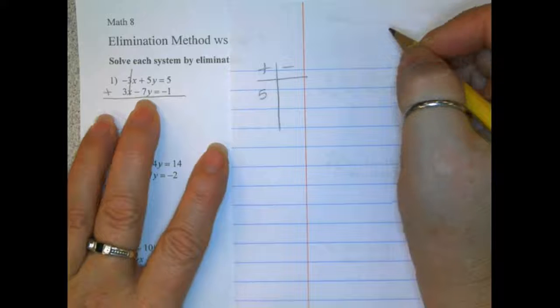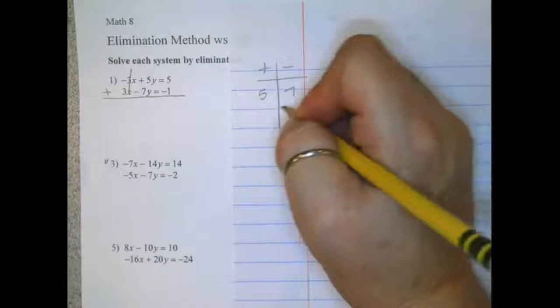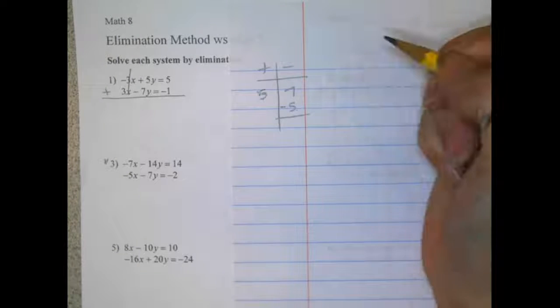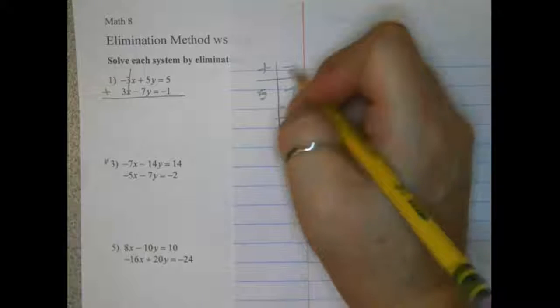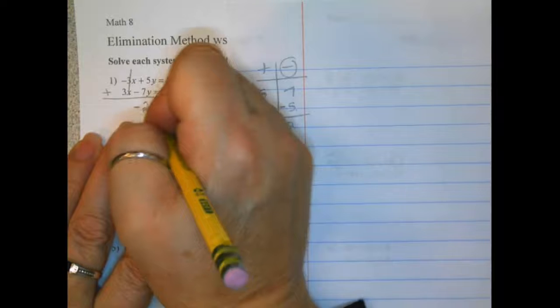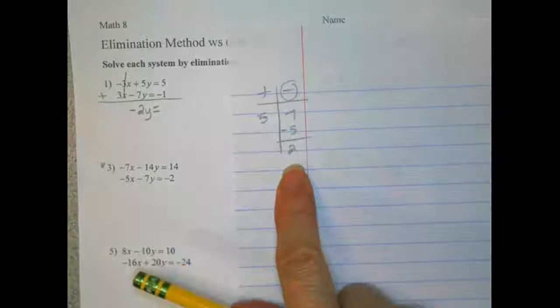What about my 7? Positive or negative? Okay, this one is smaller. I'm going to subtract it. What is 7 minus 5? 2. Gives me a 2 on the negative side. So my answer is -2y. Okay, use the column method. If you use the column method, you're going to get it right every time.